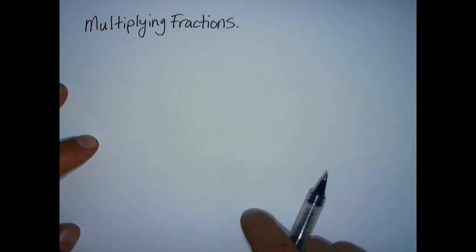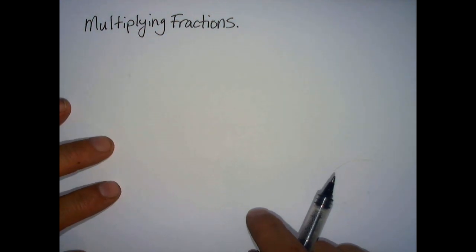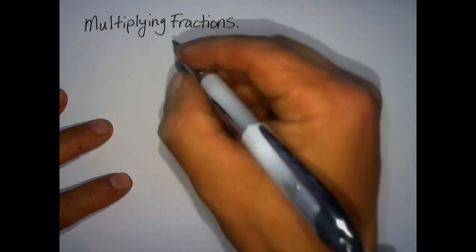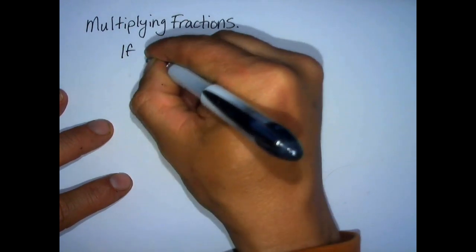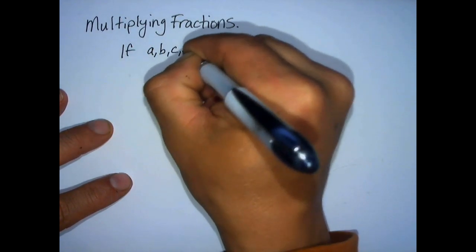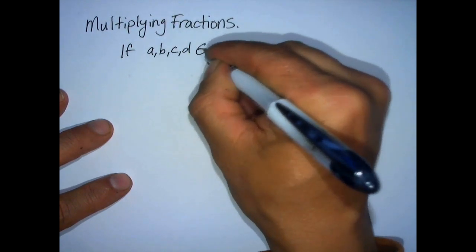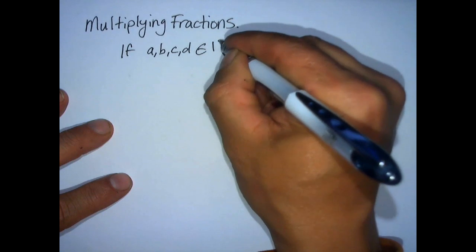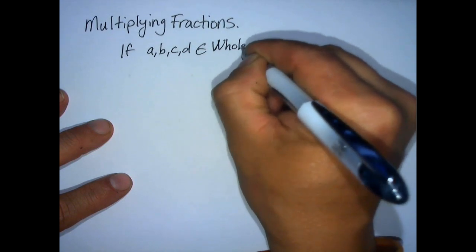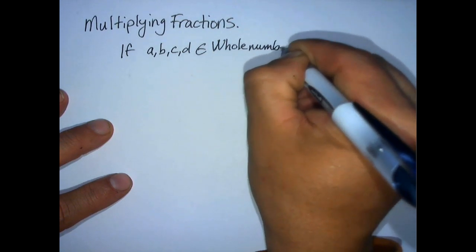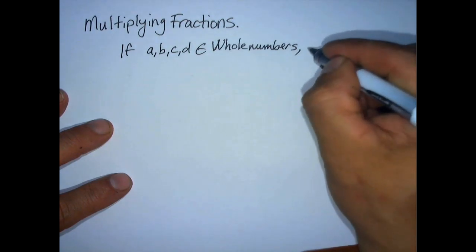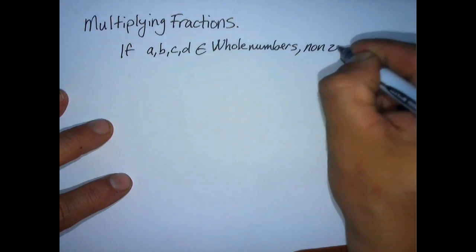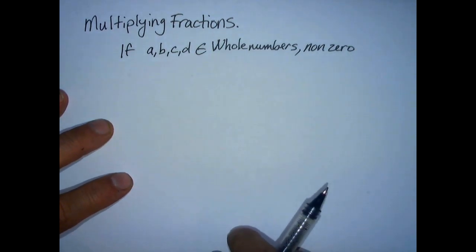Multiplying fractions. Okay. So, if A, B, C, and D are whole numbers, and non-zero, we're not dealing with zero.